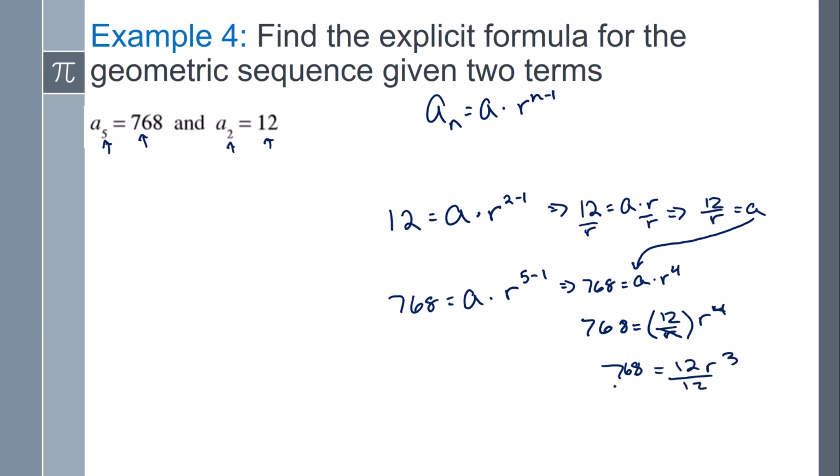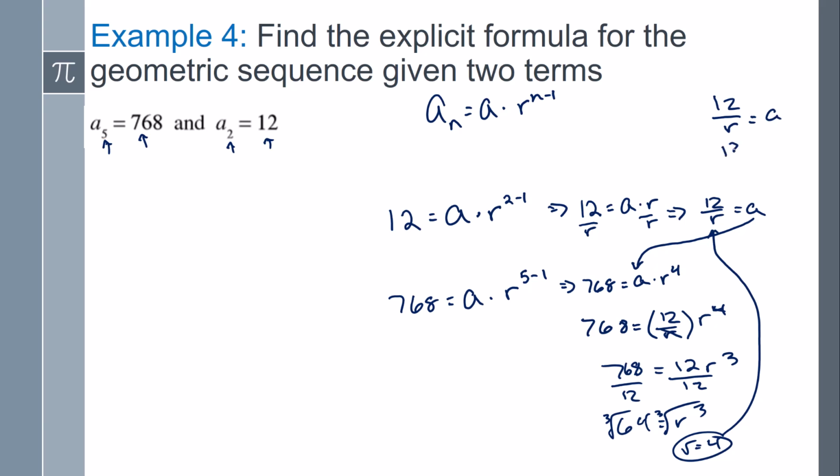Divide both sides by 12. So 768 divided by 12 is 64. And then cube root both sides. R equals 4. So now I just need to find a. So if I plug it back into this equation here, 12 over r equals a, so 12 over 4 equals a, so 3 equals a.